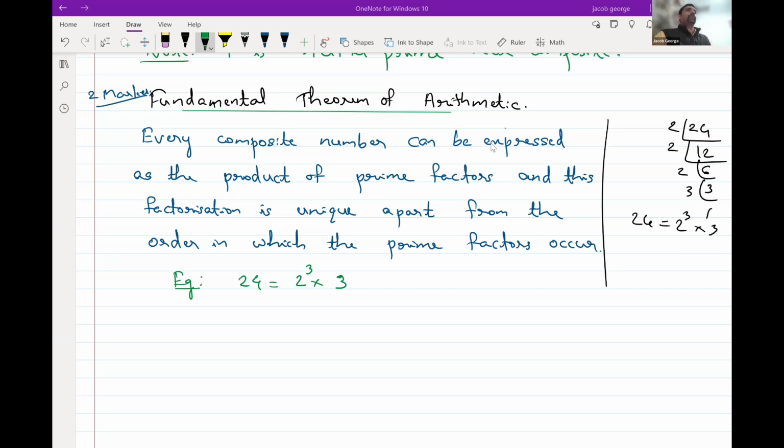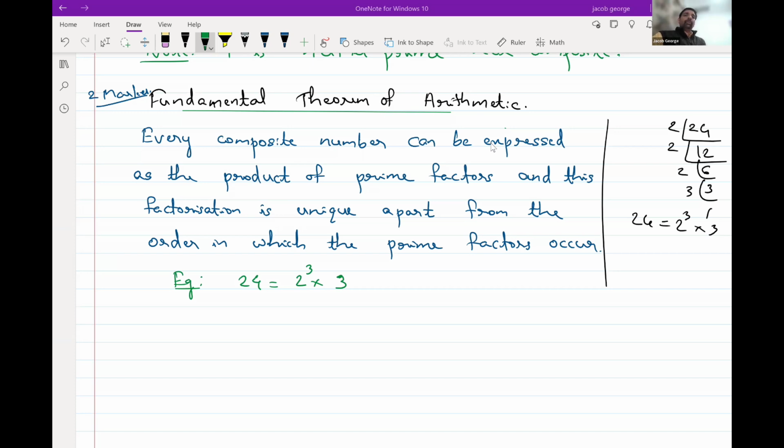Yes, Rafika, can you say? The product of prime factors, and the factorization is unique apart from the order in which the prime factors occur. Very good. Ravelika, can you say? Okay, very good.